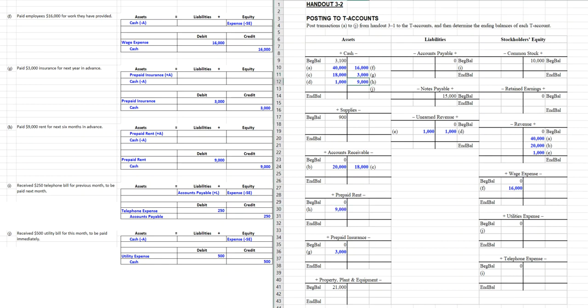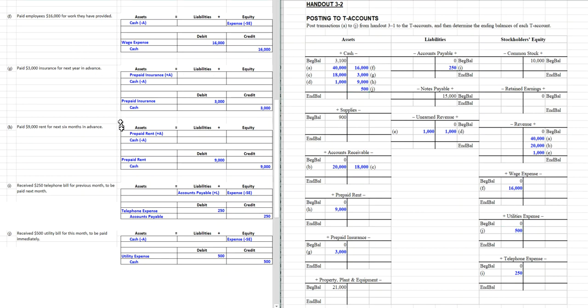For transaction I, we had a $250 debit to telephone expense and a $250 credit to accounts payable. And finally, for transaction J, a $500 debit to utility expense and a $500 credit to cash.